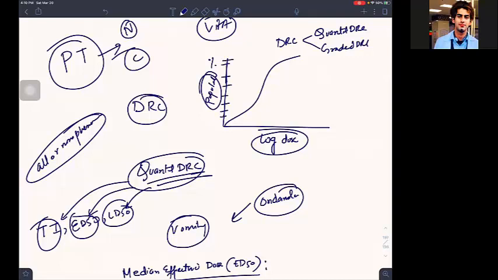So at 50%, half the population showed me the response, isn't it? This is the dose: 1 mg, 2 mg, 3 mg, 4 mg, 5 mg. So at 4 mg, 50% of people have responded.